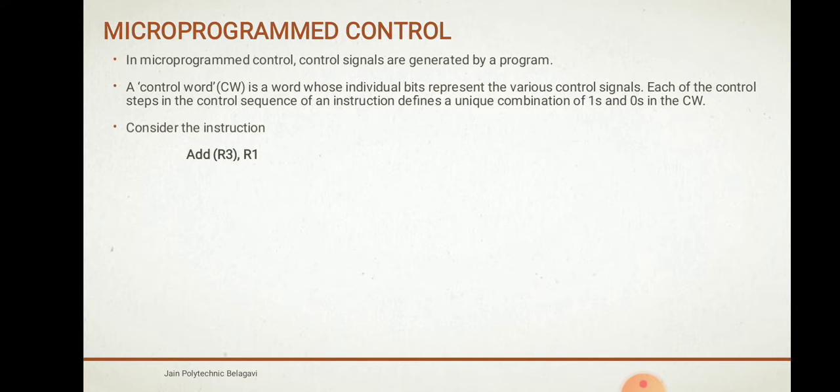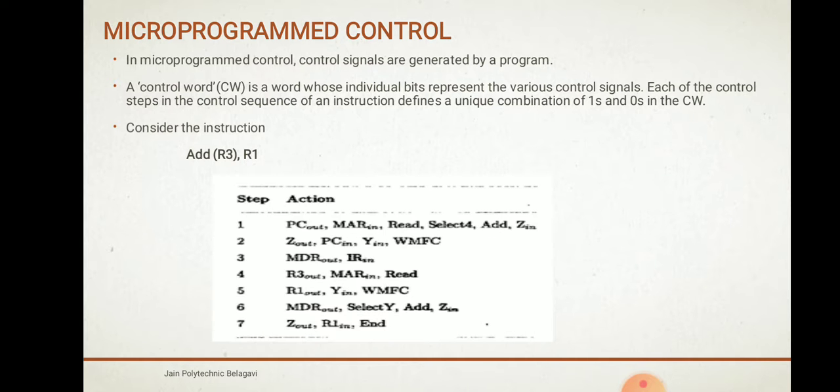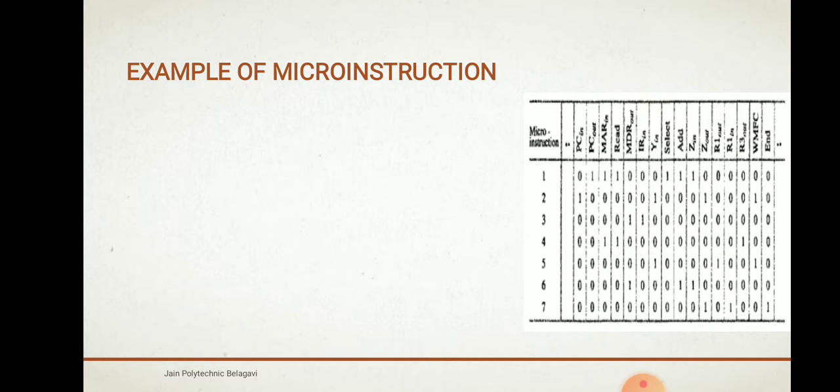Now let us take an example. Consider the instruction add R3, R1. Here you can see the steps that take place in adding the contents of R3 to R1. Now how are these steps encoded in microinstructions?